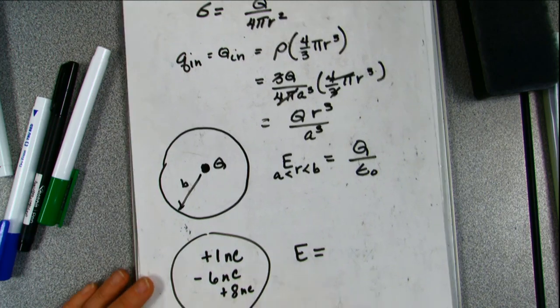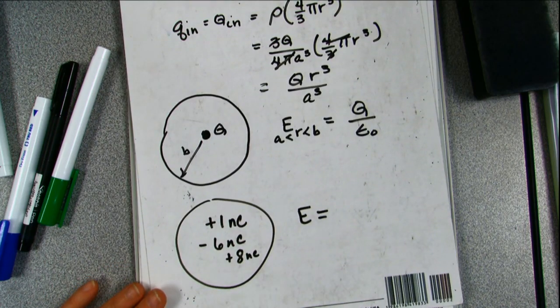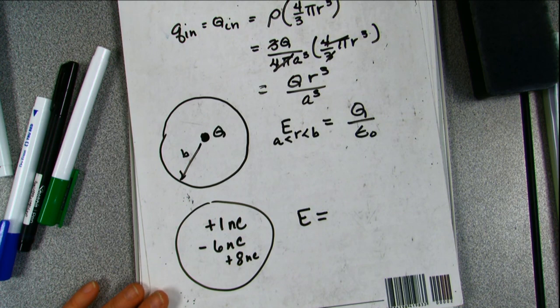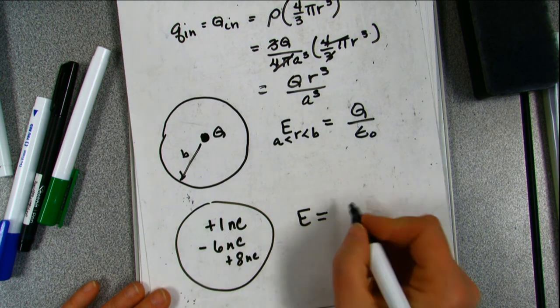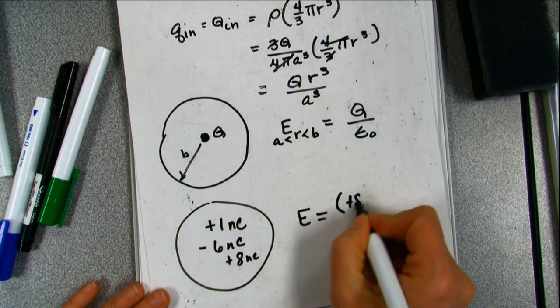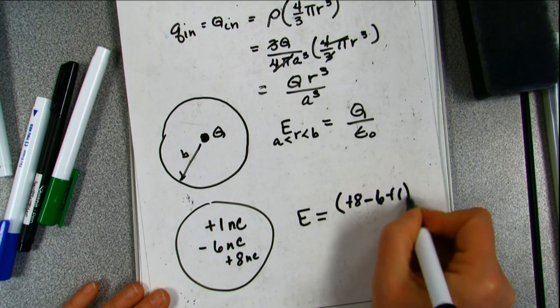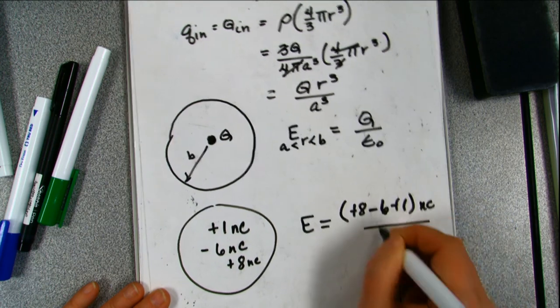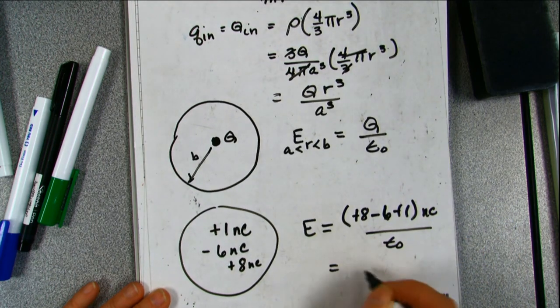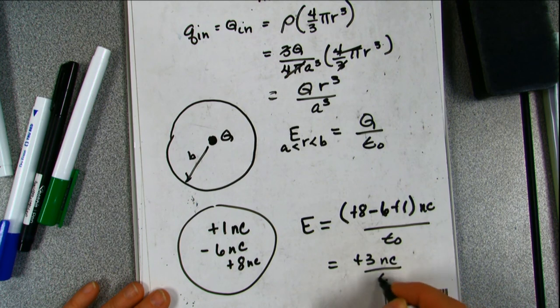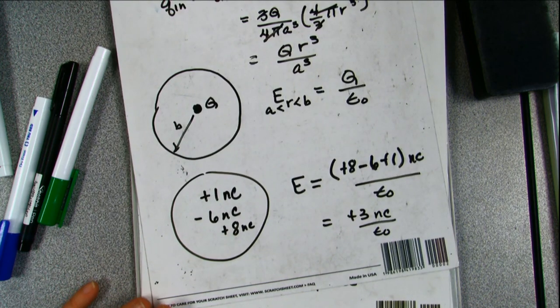I got +1, -6, +8. +3? Yep. Because I'm going to have +8, -6, +1. That's all nanocoulombs. +3 nanocoulombs divided by epsilon. That's my electric field.